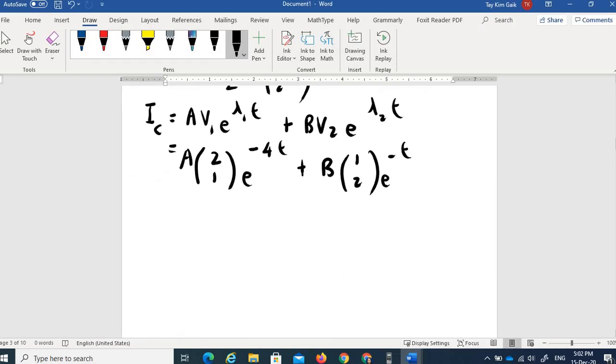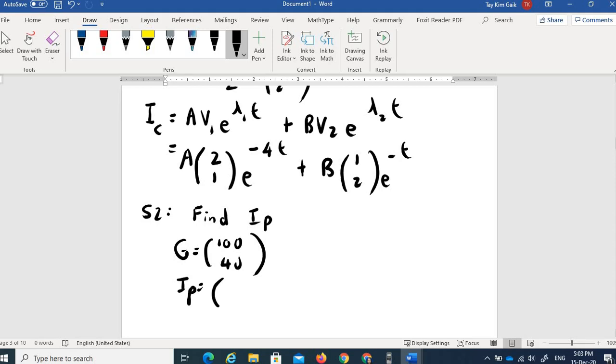Second step, step 2, find your IP. Because G is (14, 0), I will choose IP of the same form, a constant vector. A and B are already in the IC, so I use C and D.